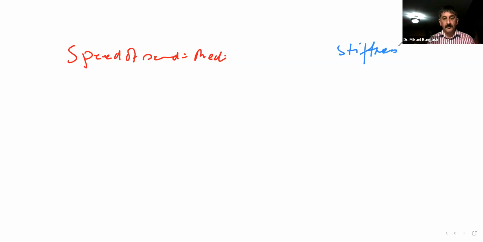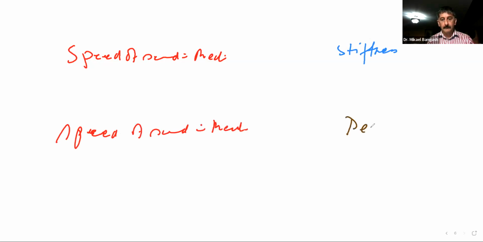And the other one I can also say is the same: speed of sound in a medium and density.